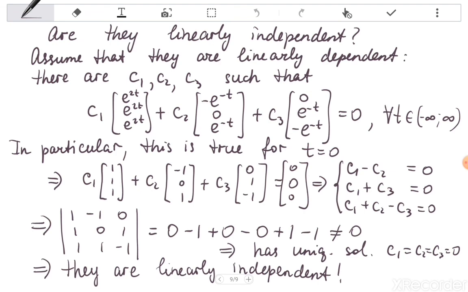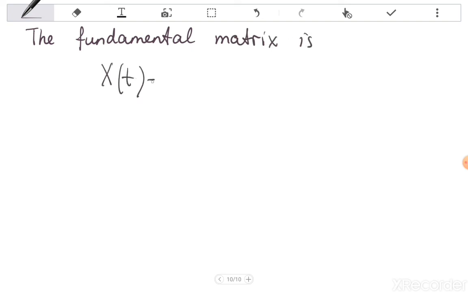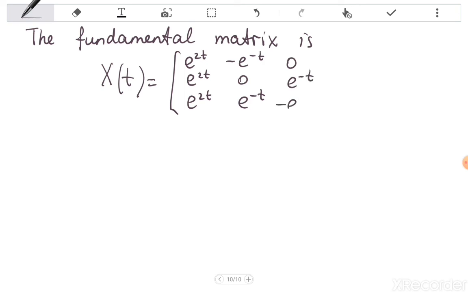So the fundamental matrix, capital X of t, is just the matrix whose columns are these vectors which are solutions. This is the fundamental matrix.